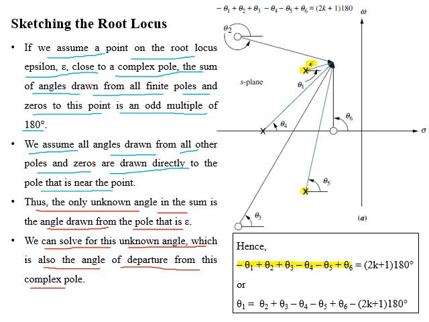Hence minus theta 1 plus theta 2 plus theta 3 minus theta 4 minus theta 5 plus theta 6 will be equal to odd multiples of 180 degrees. Our angle of departure, which is theta 1, will be equal to theta 2 plus theta 3 minus theta 4 minus theta 5 plus theta 6.